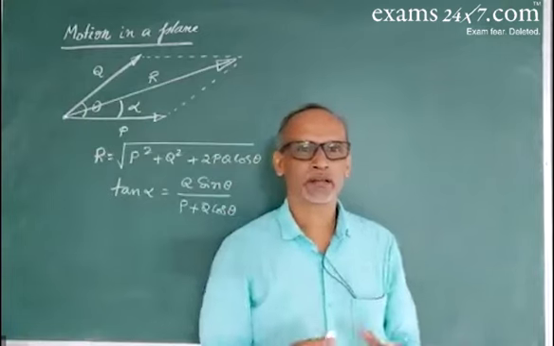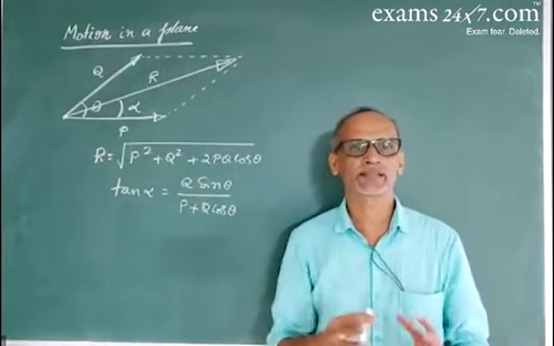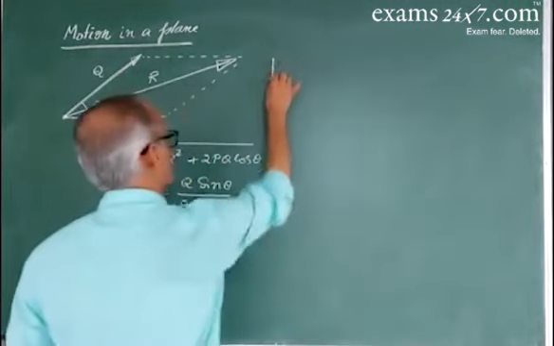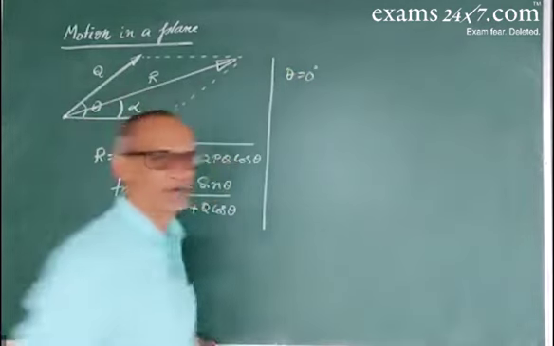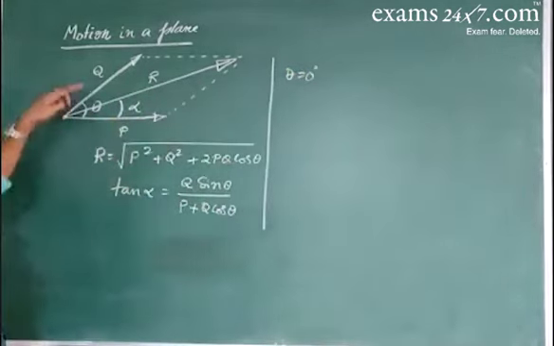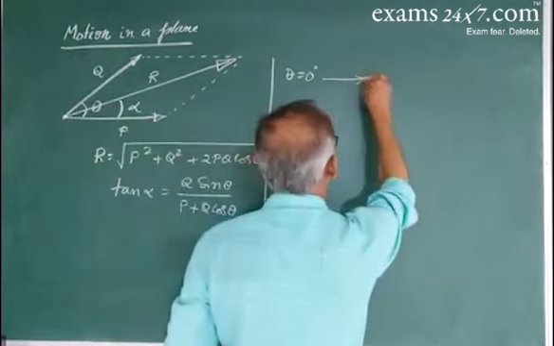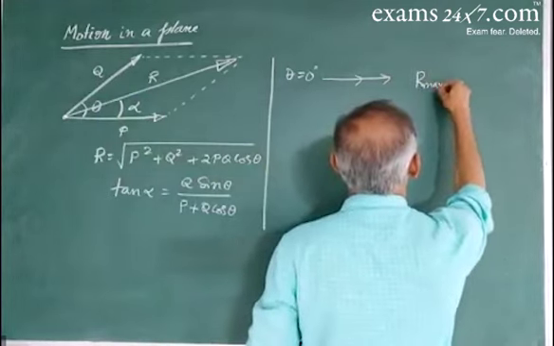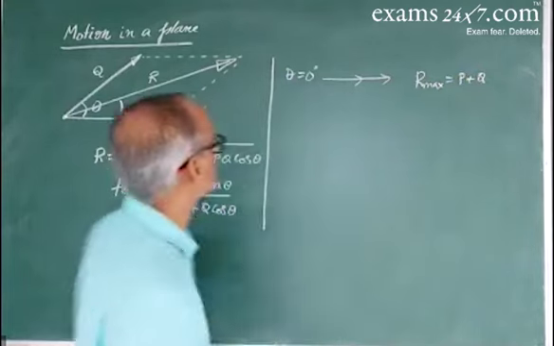But there are other equations which are more important than this, that is the special cases. Now, which are those special cases? If theta is 0, the two vectors act along the same direction, and then we get the maximum resultant, which is R max, the sum of the individual vectors.